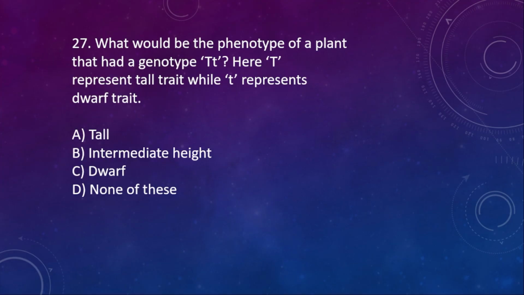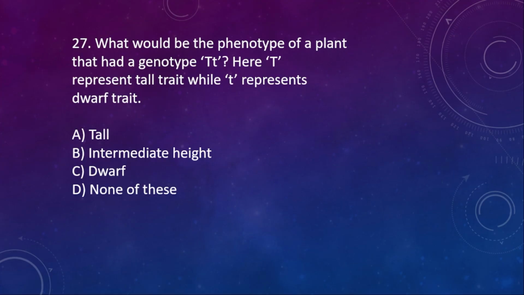What would be the phenotype of a plant that had a genotype capital T small t? Here capital T represents tall while small t represents the dwarf one. Option A is tall, option B intermediate height, option C dwarf, and option D none of these.